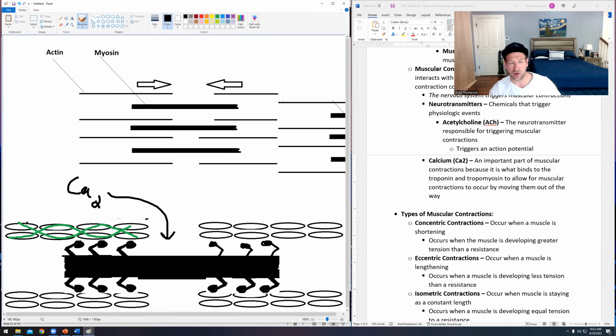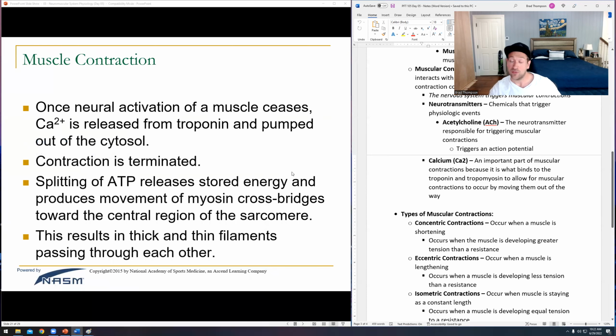The regulatory proteins, the troponin and the tropomyosin, are attracted to calcium. So if calcium is in this area, the regulatory proteins move away. And that is what allows the binding sites to grab one another: we flush calcium.